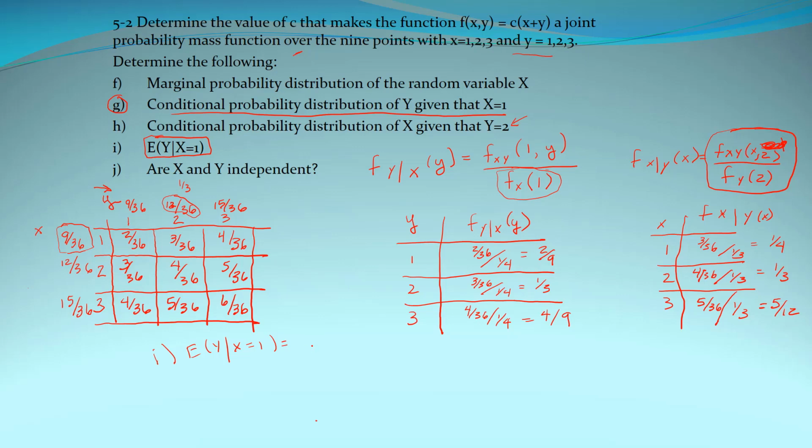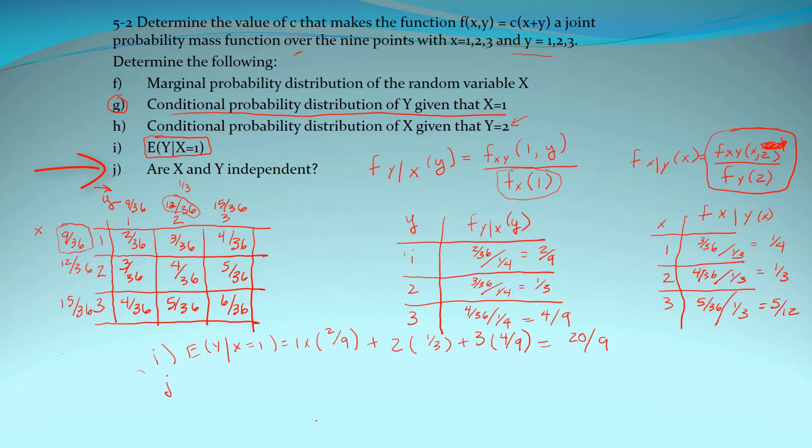And that's just going to be 1 times 2/9, right? So it's plus 2 times, well, you can kind of guess it's going to be 1/3, plus 3 times 4/9. And all of that becomes 20/9.